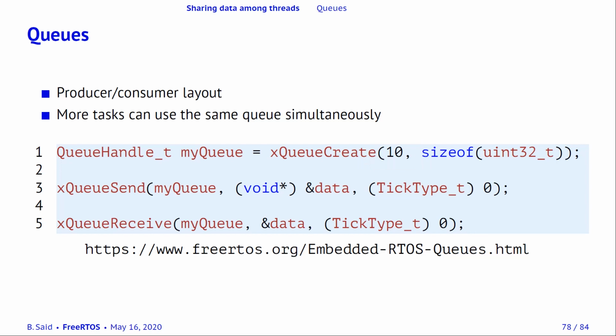For example, imagine one thread reading some data from a sensor and another thread processing and writing the measured data to the persistent memory. Then, the thread which is reading from the sensor is the producer. It writes the captured data to the queue.